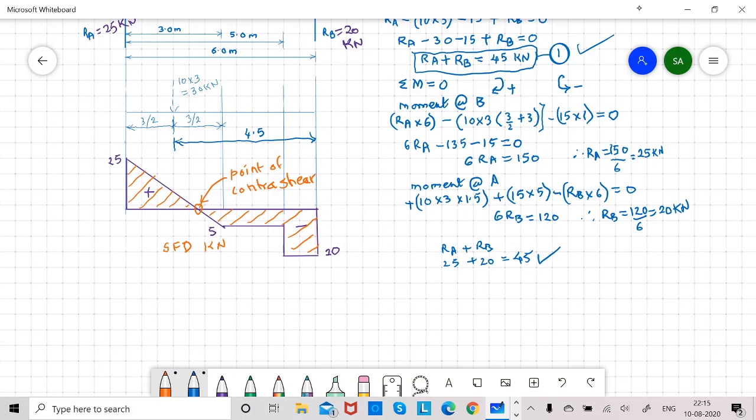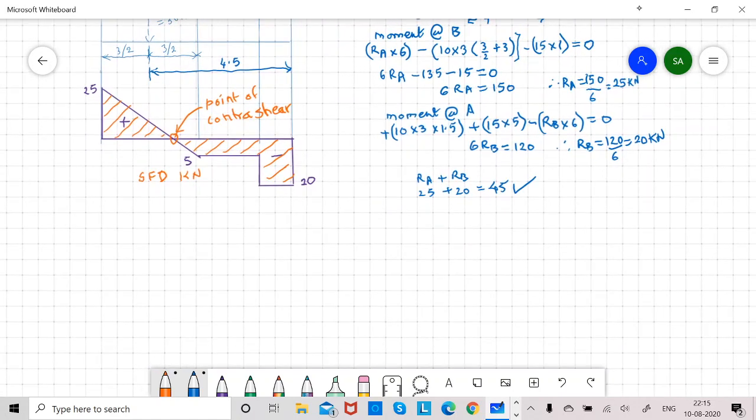At this point, shear force becomes opposite, meaning from positive to negative, it changes sign. What is the speciality of this point of contra shear? At the point of contra shear, we always get maximum bending moment. I will repeat, at the point of contra shear, we get maximum bending moment.